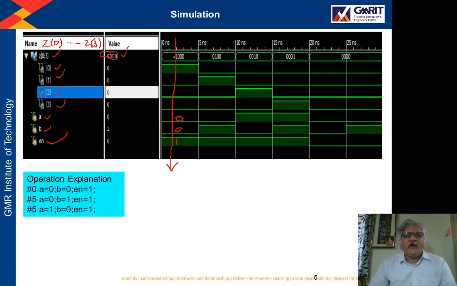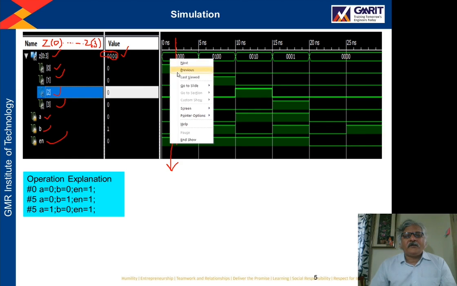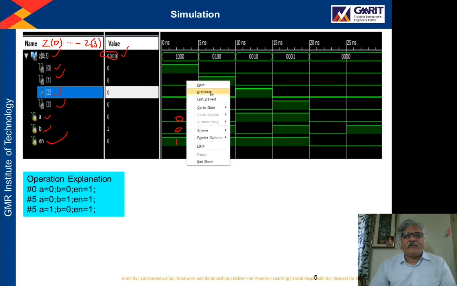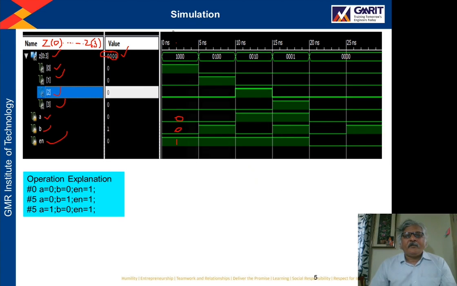So here you can find at the output this 1, right? This is the value of Z0. So Z0 is 1. Now we see at this time, what are the various values? Enable is 1, B is 1, and A is 0.